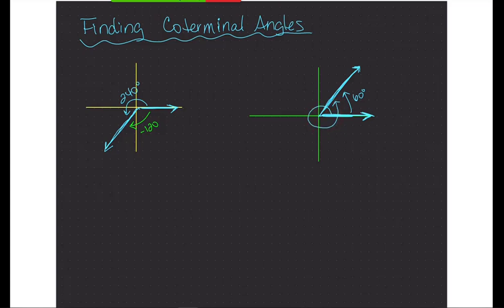But in order to figure out my coterminal, I have actually two ways I can do this. I can only look at my 60 degrees, which I had to give you guys, right? Because if I just look at 60 degrees, does this angle share that same terminal side? Yeah, right? So I could have my 60 degrees. Is there another one I could have? Could I go negative to here, right?